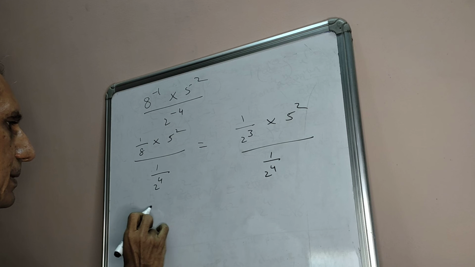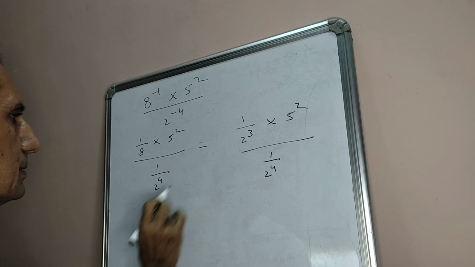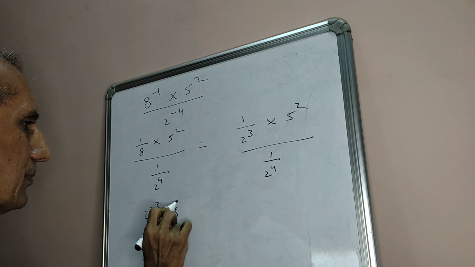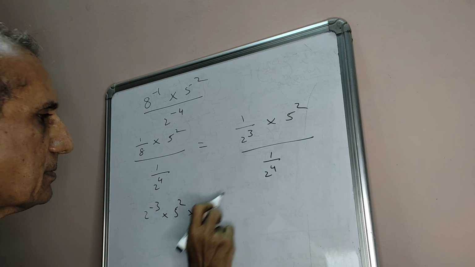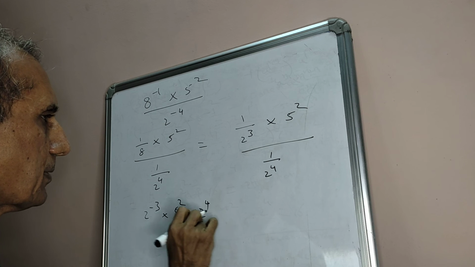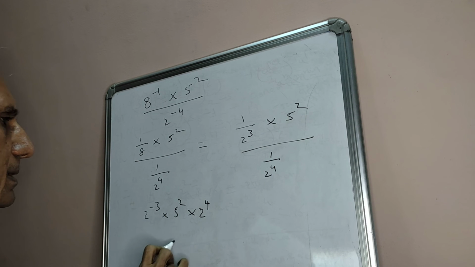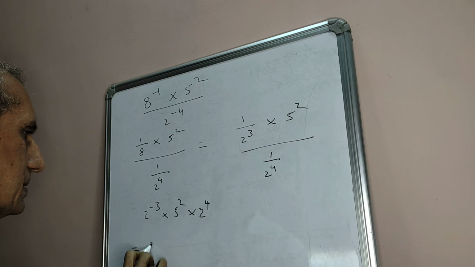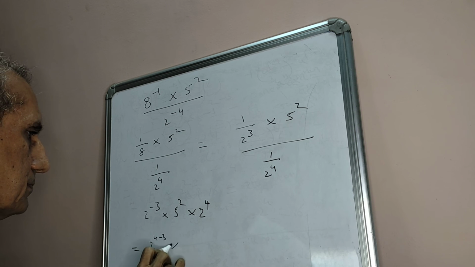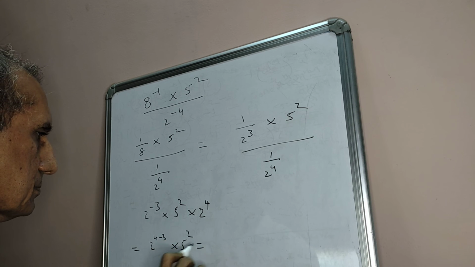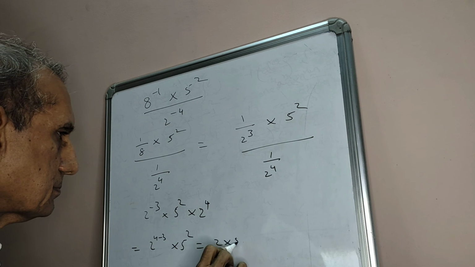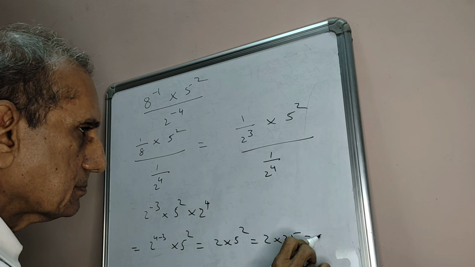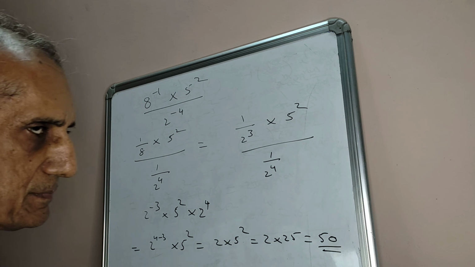So what do I get ultimately? 2 to the power minus 3 into 5 square into 2 to the power 4. This is what I get. So if I subtract the powers, that's your answer.